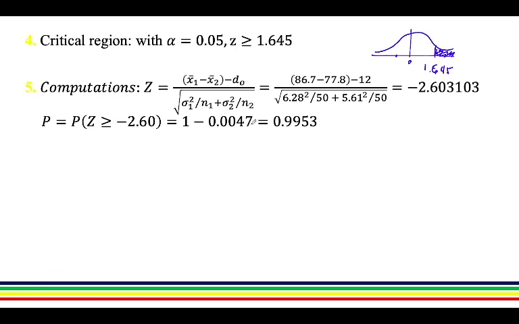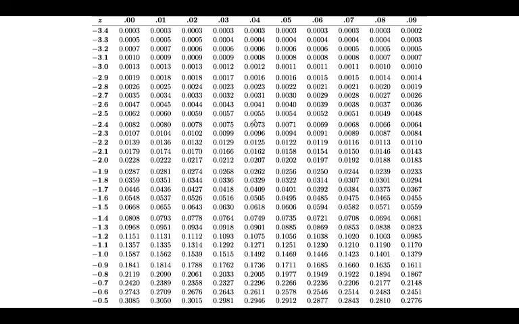So how did we get that one? We refer back to the table, and now we are on the negative values of z. We'll refer to negative 2.60, which is 0.0047 from the graph. This value, 0.0047, is the value to the left of negative 2.60.